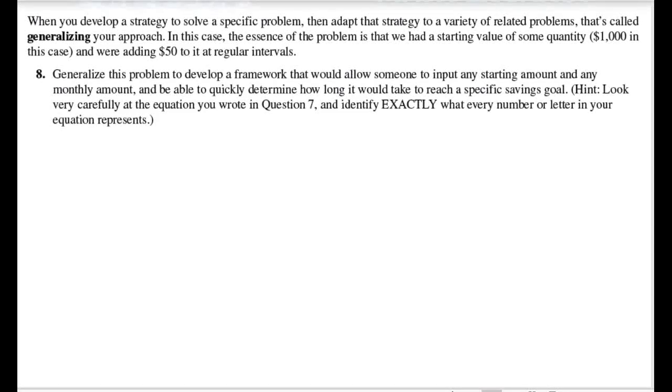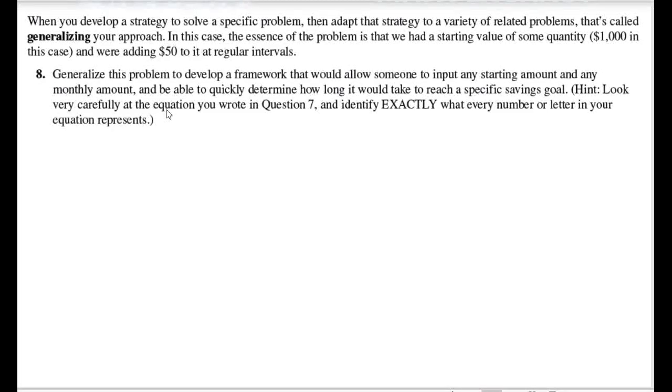To generalize it, you need to write variables for those quantities as well, and you need to identify them. Just like I said, m equals months. You need to say what each variable means. Then you need to write that equation using those variables, and you need again to solve for the number of months. So try that really quickly.